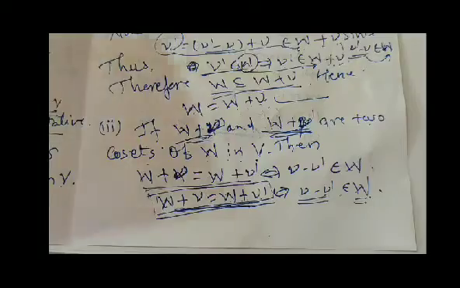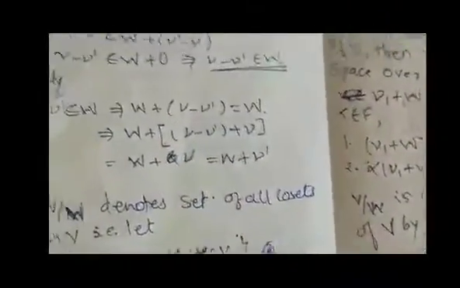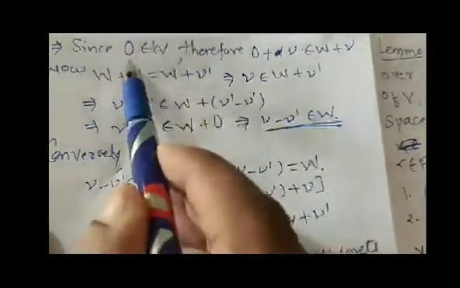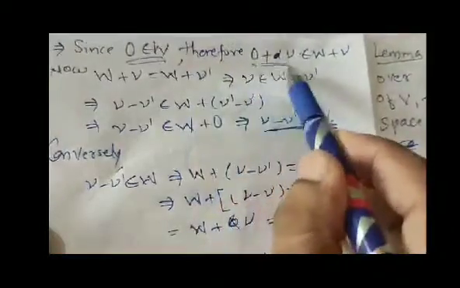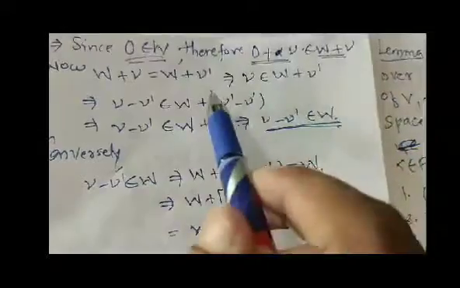So we try to show this. Now we choose any zero element, that means zero vector. So 0 plus nu belongs to W plus nu, 100%.